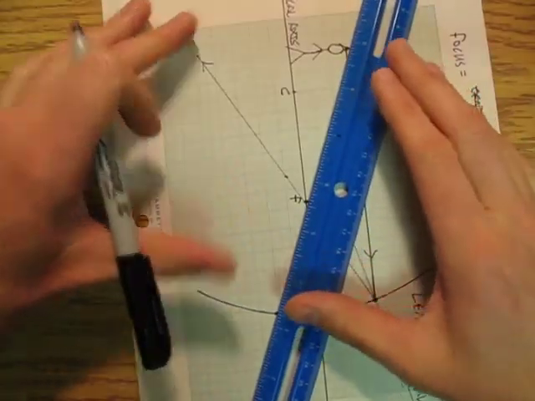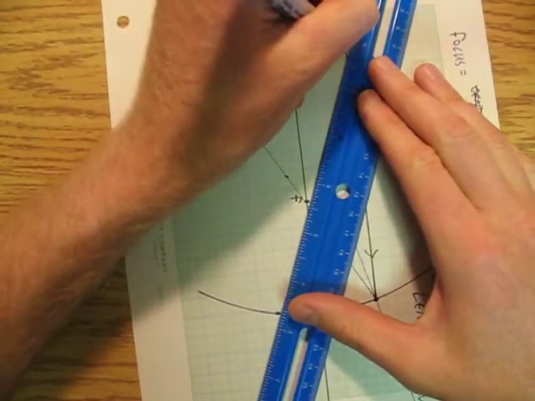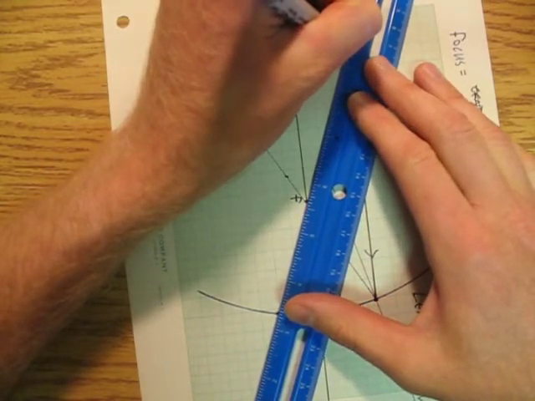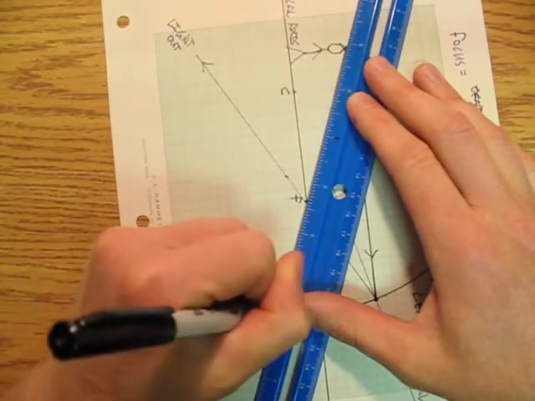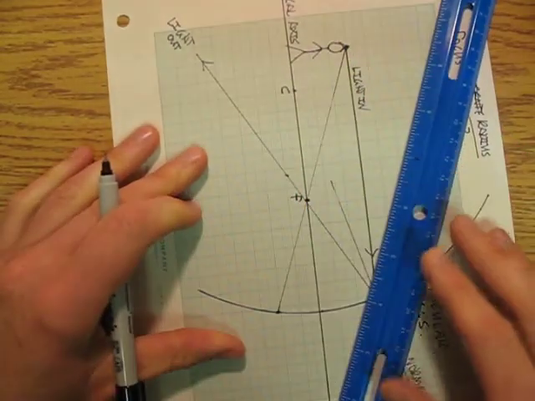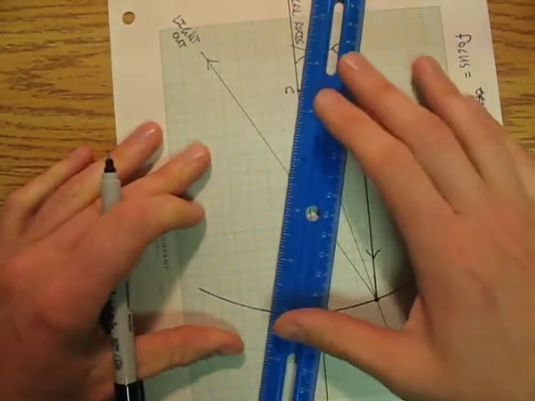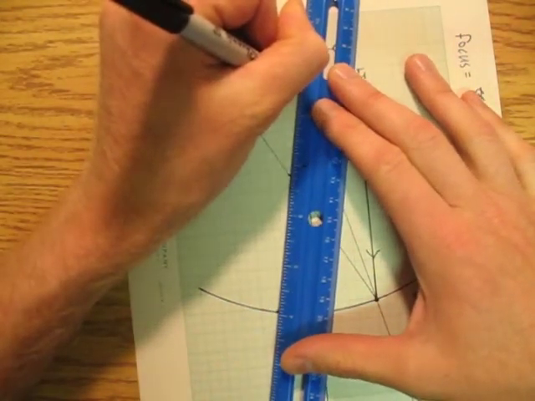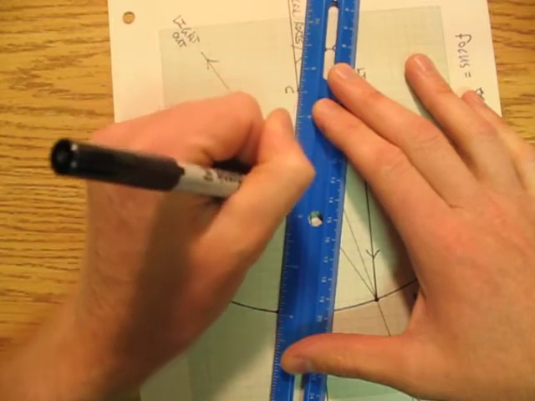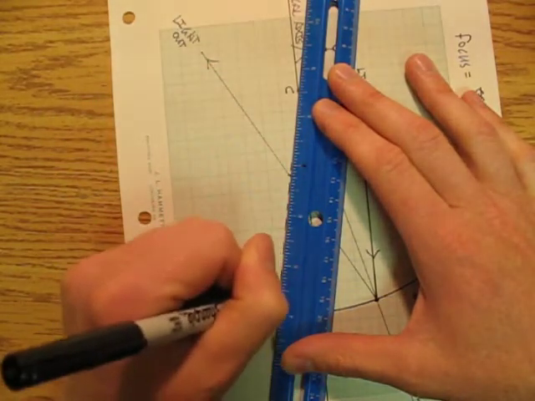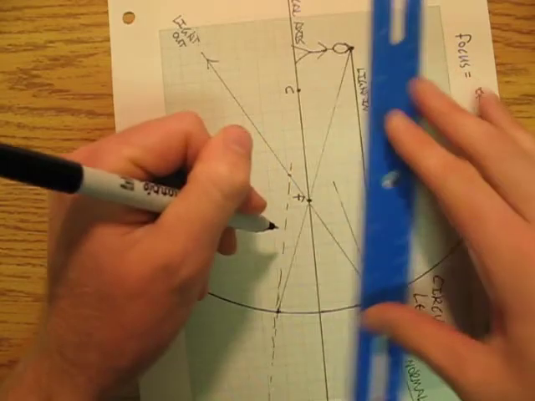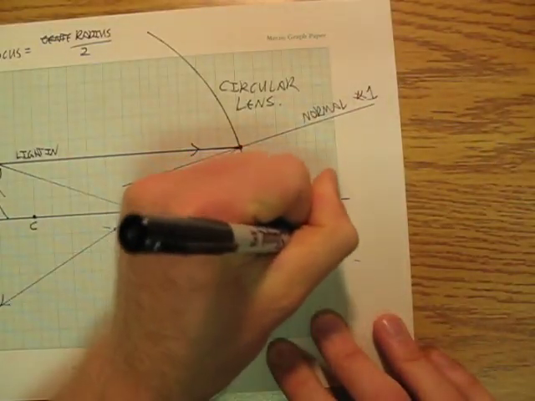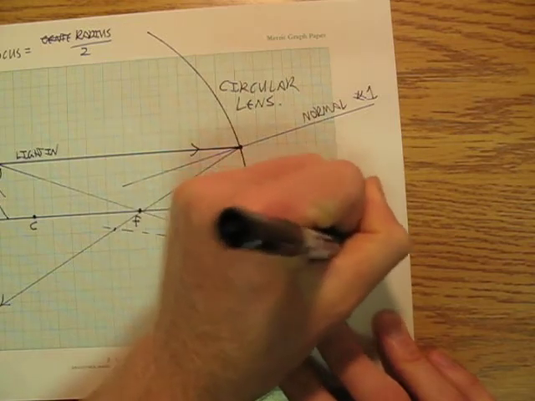Now, the next thing that I want to look at is the light that comes in through the focus. So I want to do the opposite. I've got light coming in through the focus, and now I need another normal, so over here, I'm going to dot it. So this is normal number 2.